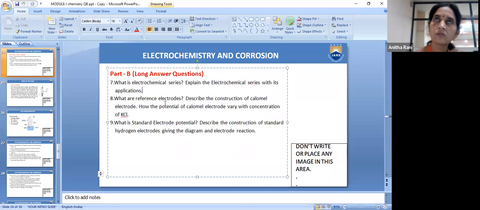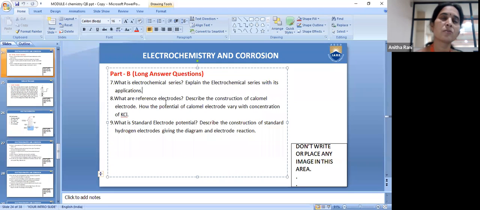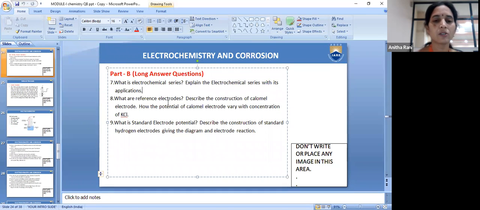The electrode whose potential is known, used to find the electrode potential of another electrode, is known as reference electrode. You have to write that here. Understood?